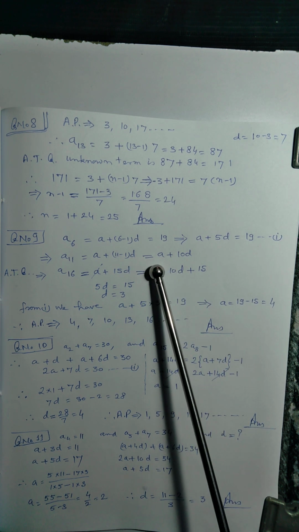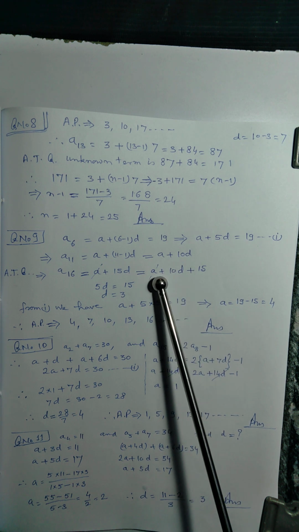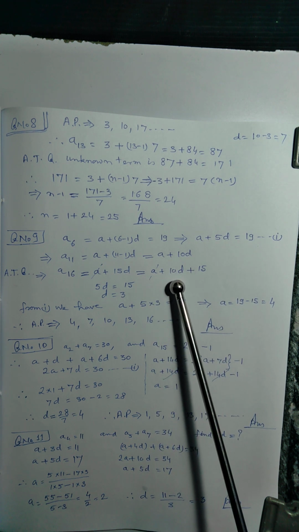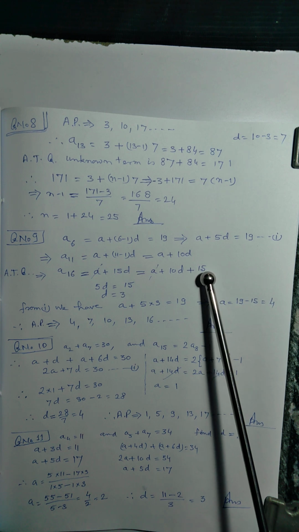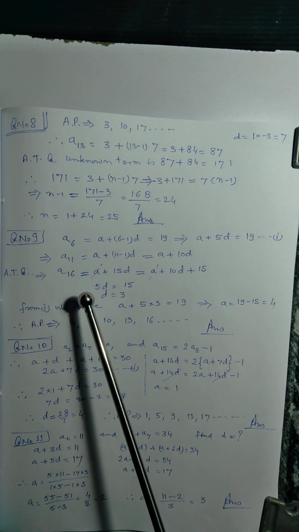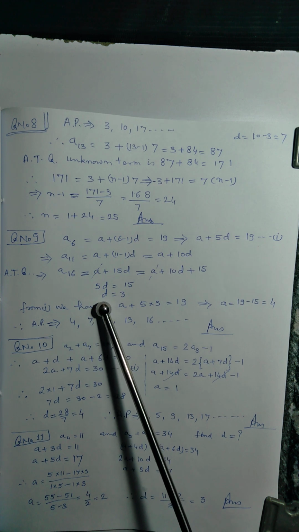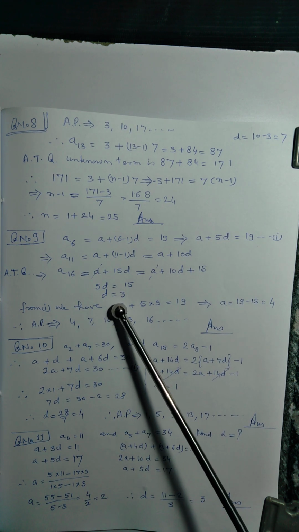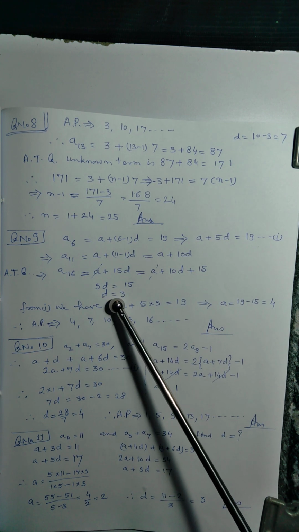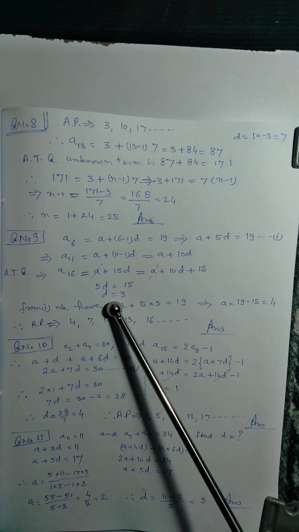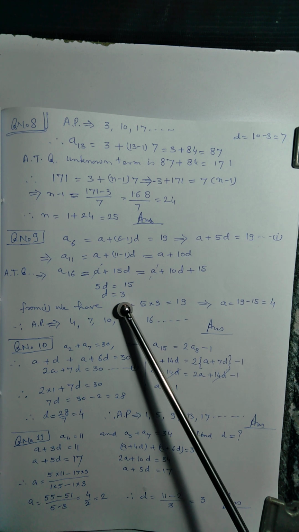Means this is the 11th term, A plus 10D, and in that we have added 15 in order to get the 16th term. So 5D, solve it, you will get 5D is equal to 15. So therefore D is equal to 3.